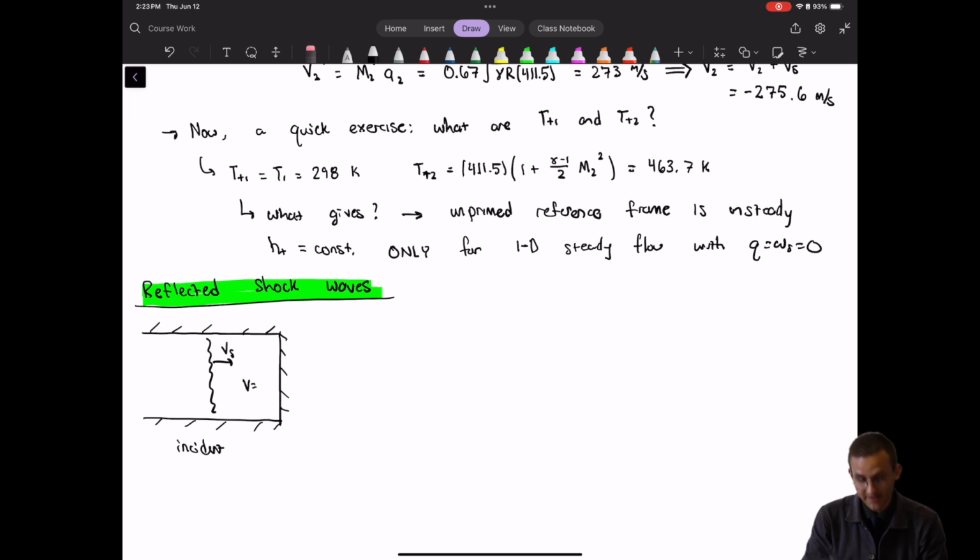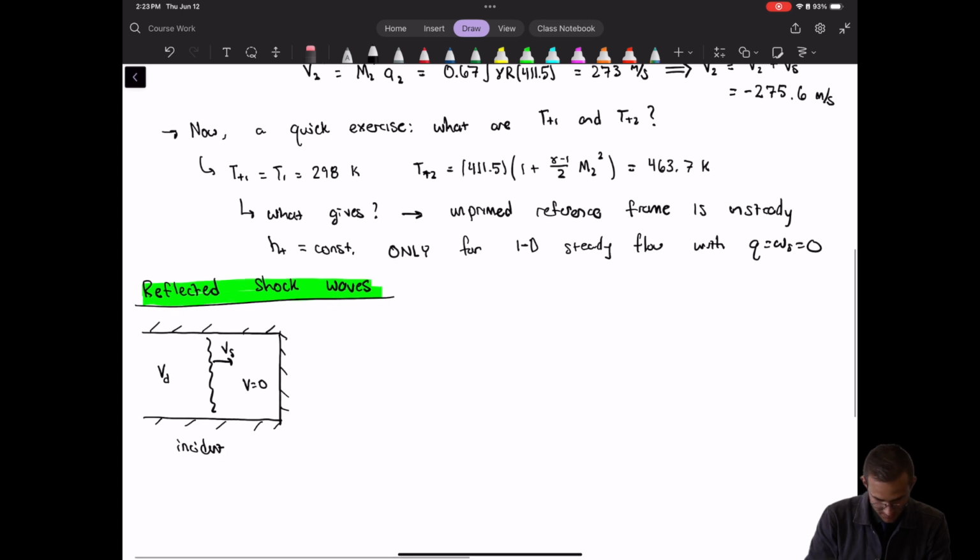Upstream, the flow is quiescent, it's not moving, the shock hasn't arrived, and then downstream of the shock, we'll call it VD, I guess, is moving like this. Okay, it's following the shock, just like we just derived.